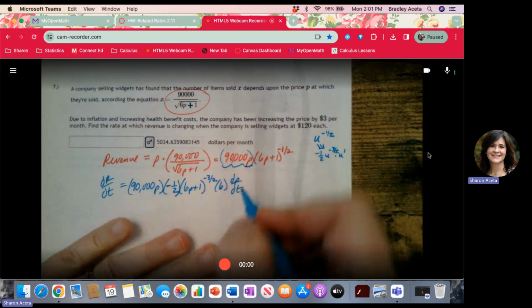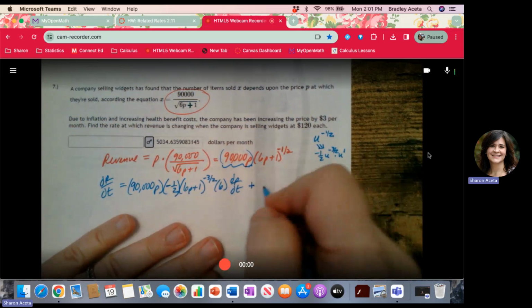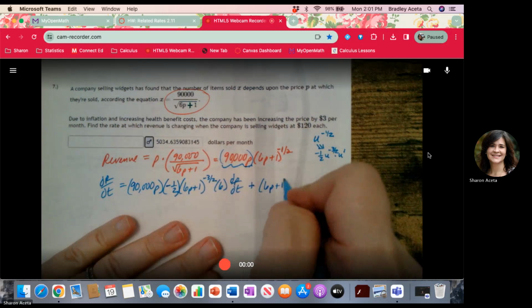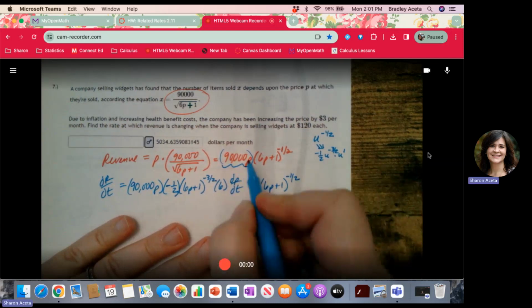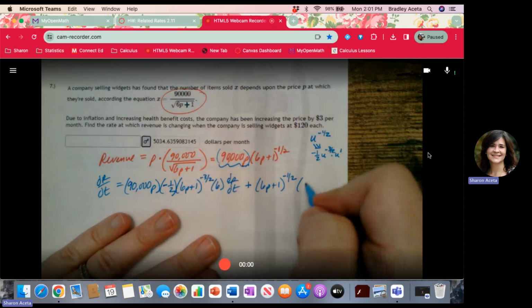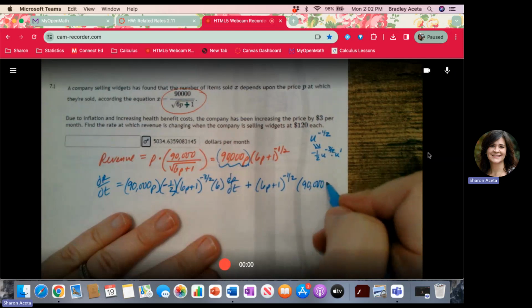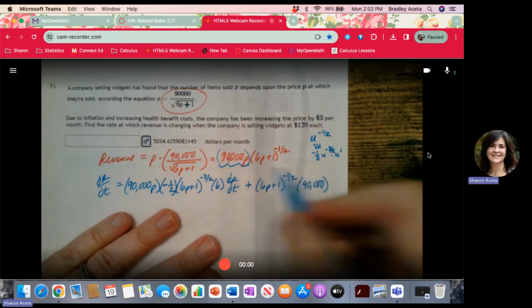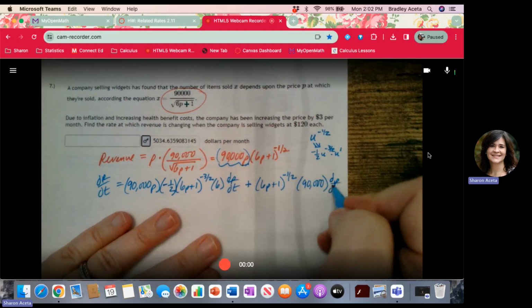So first times derivative of the second plus the second times the derivative of the first, which would be 90,000. Again, because of a P, we would have to attach dp dt.